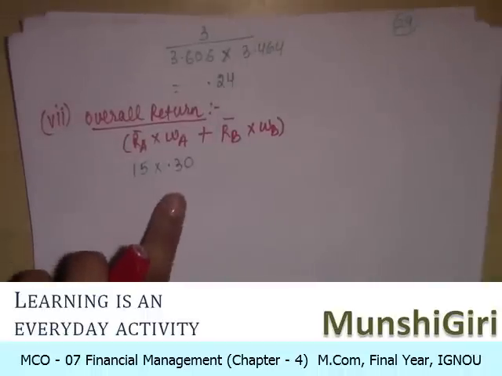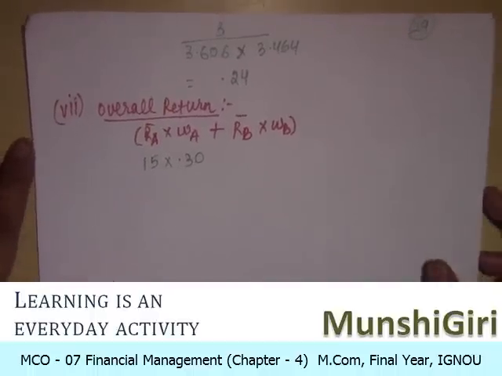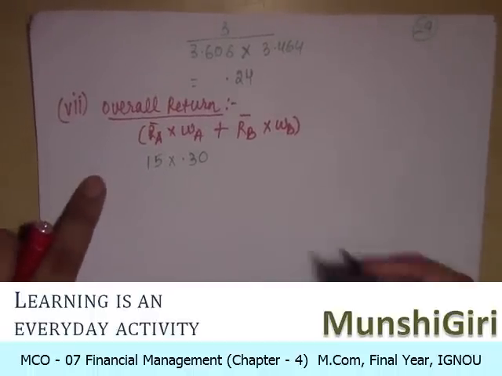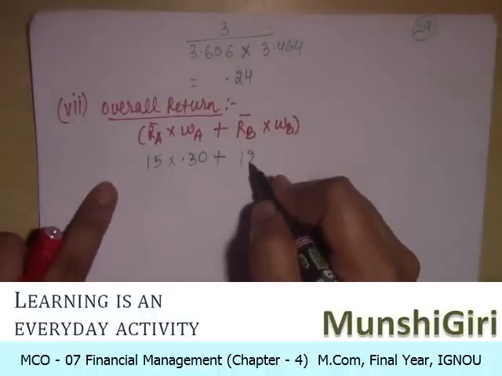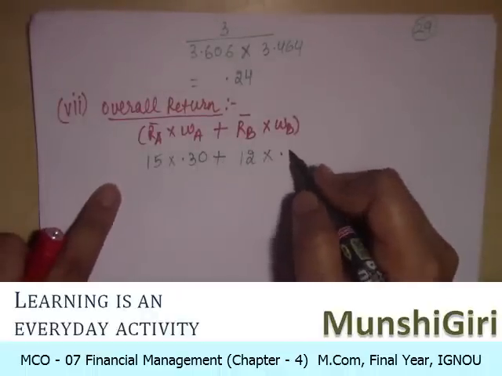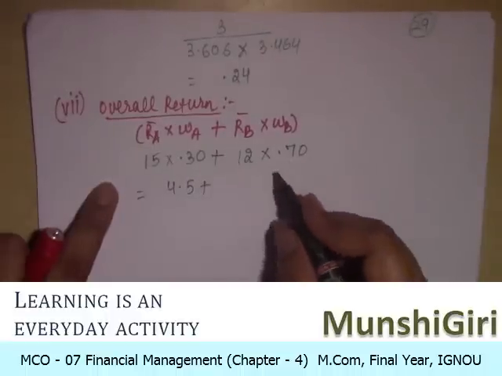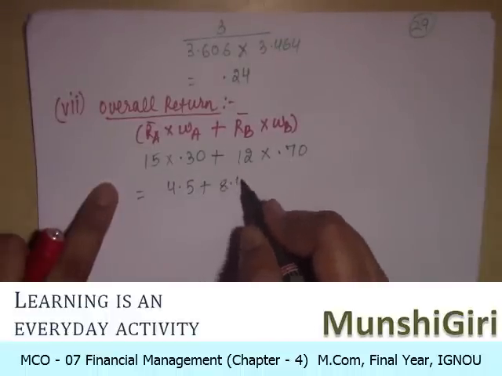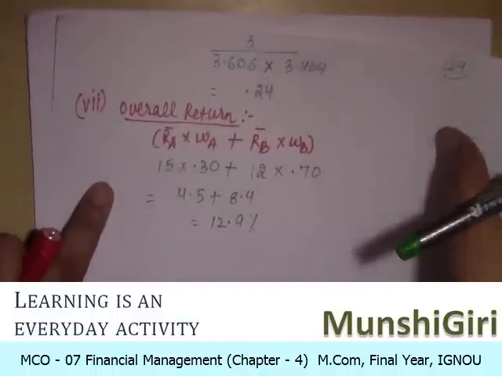In the first line it was mentioned that the proportion of investment in A is 30%, that is weight is 30%, and proportion of investment in B is 70%. So the weight for B becomes 70%. Plus how much is the return for B? Return for B came out to be 12 and weight of B is 0.70. Solve this. This is 4.5 and this is 8.4. So 12.9% is the overall return.